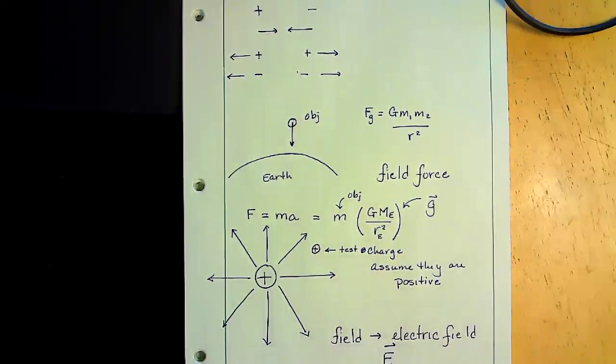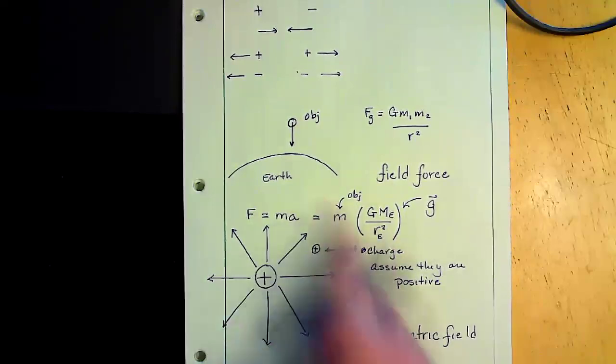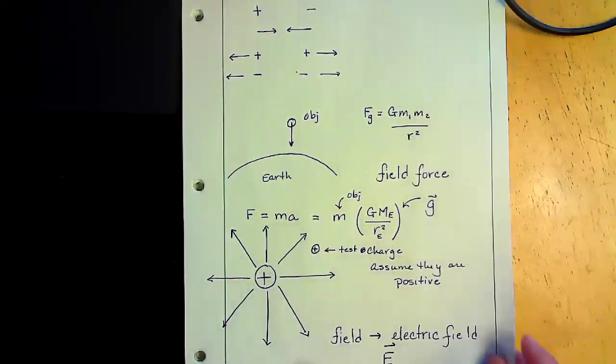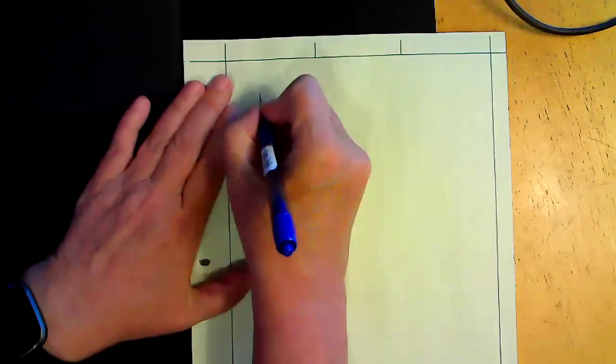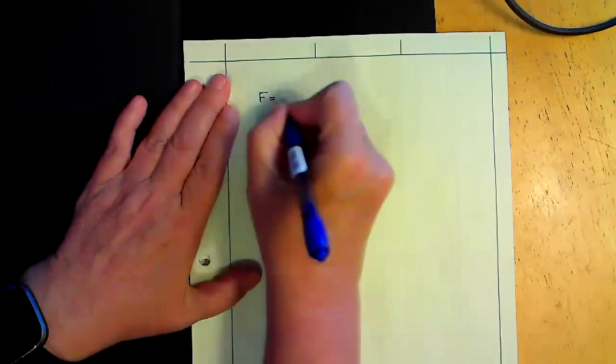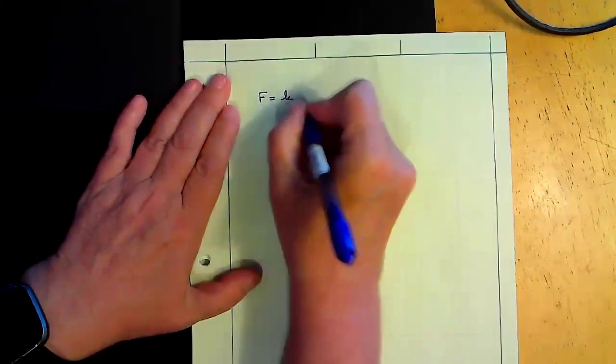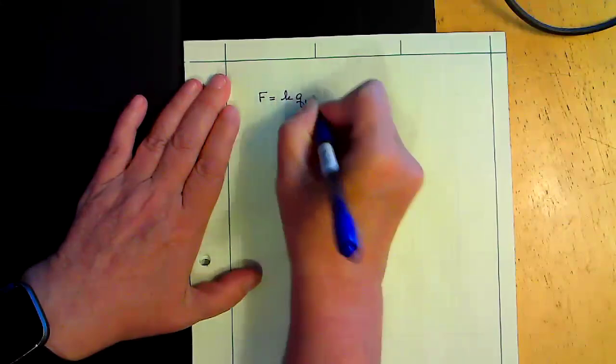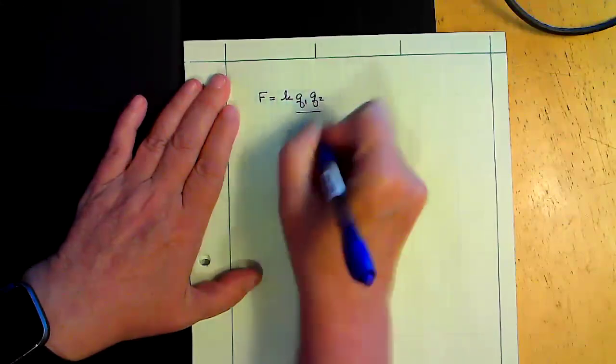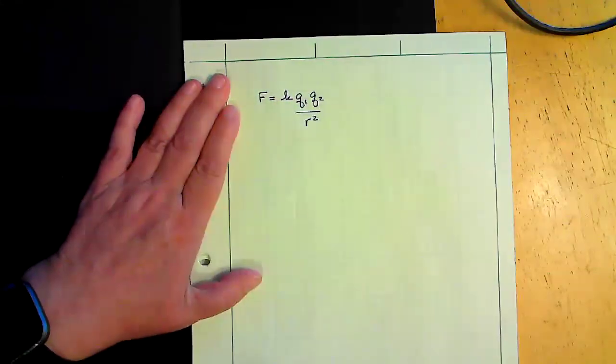Now, this is where things get a little interesting because we've done this before. I'm going to look at Coulomb's law. And remember, Coulomb's law is F equals k Q1 Q2 over r squared.